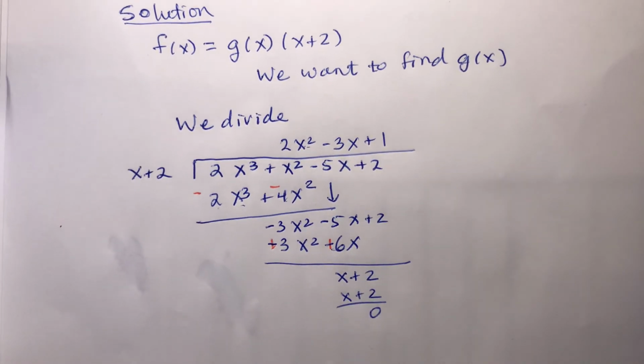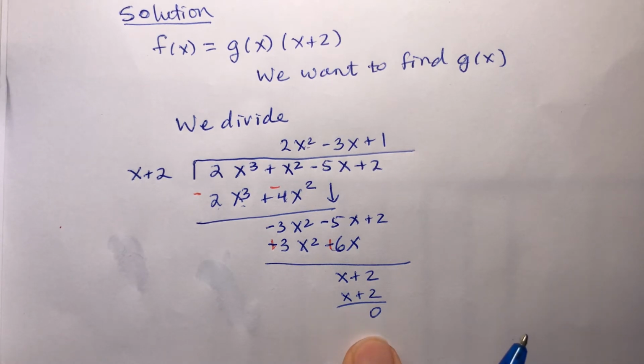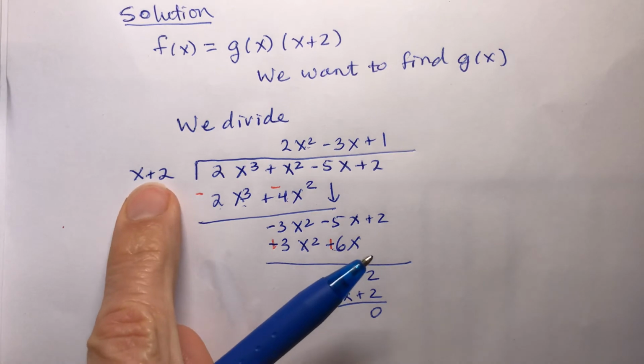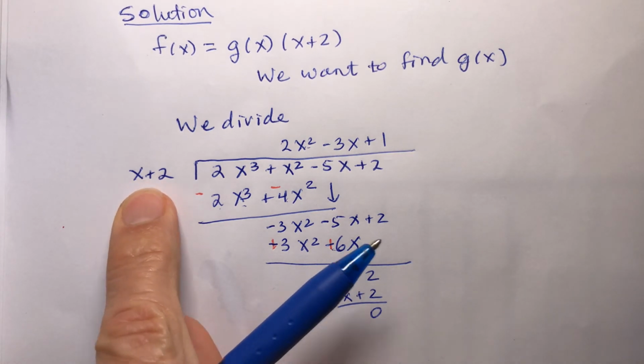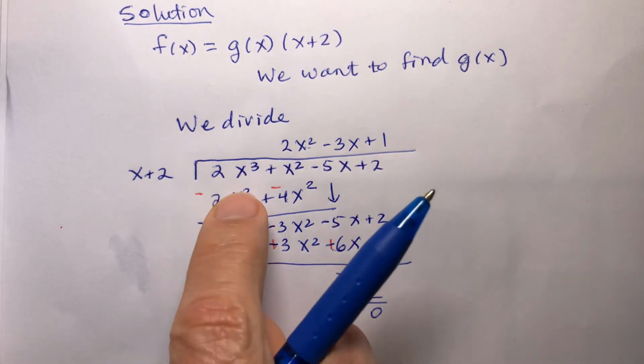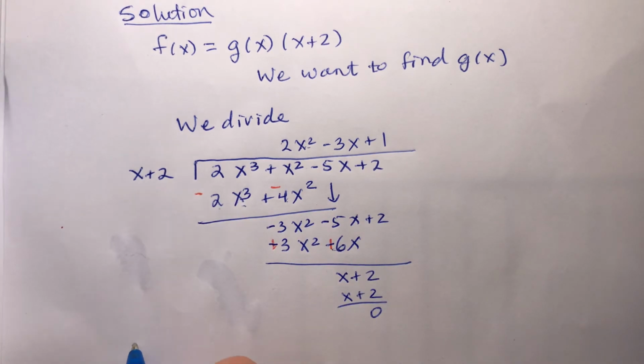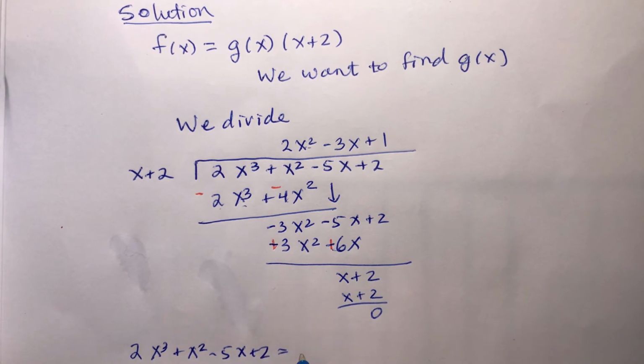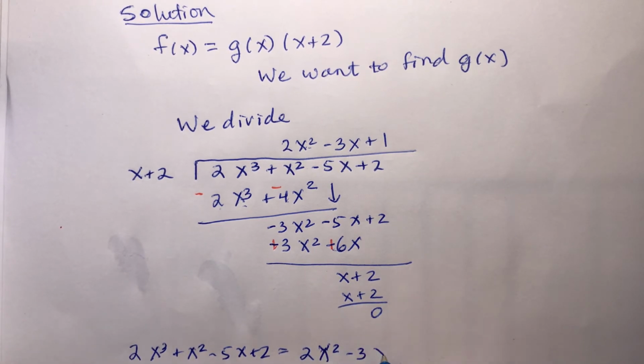So if the remainder is 0 when we do division, that means that this divisor, x plus 2, went in evenly to the polynomial. So the result is that 2x cubed plus x squared minus 5x plus 2 is equal to 2x squared minus 3x plus 1, all of that times x plus 2.